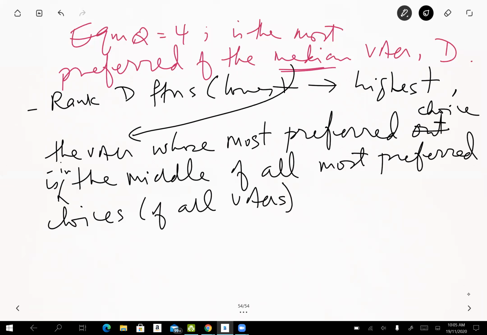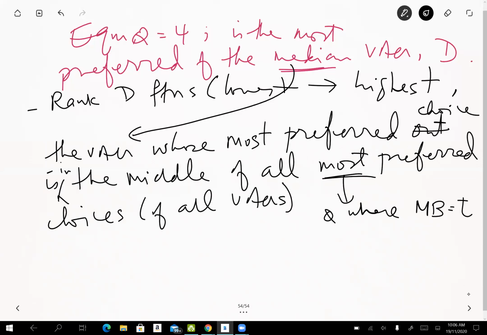Now, what is most preferred? That is another concept. The most preferred choice is the quantity that you choose where the marginal benefit is just equal to the tax.